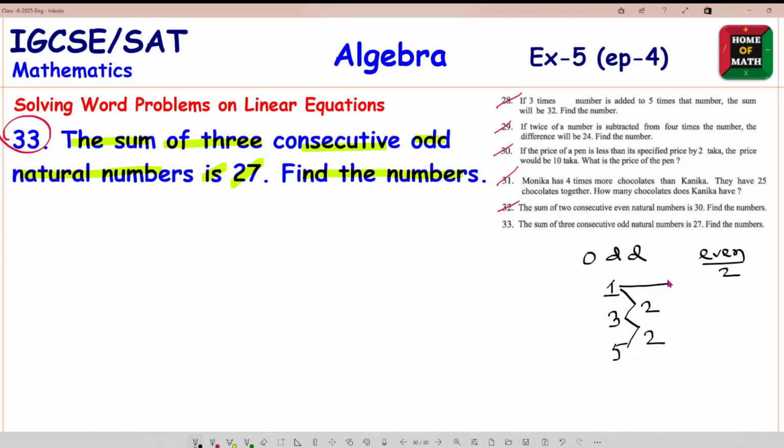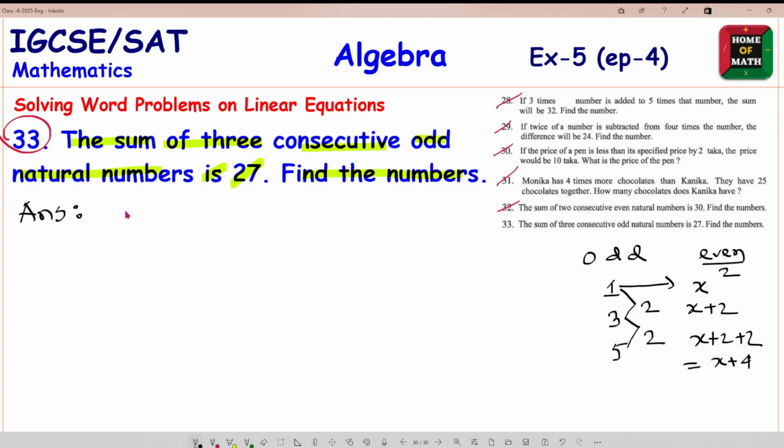So if we consider the first odd number is x, the next odd number is x plus 2, and the third odd number is x plus 2 plus 2, which means x plus 4. So we can write like this.